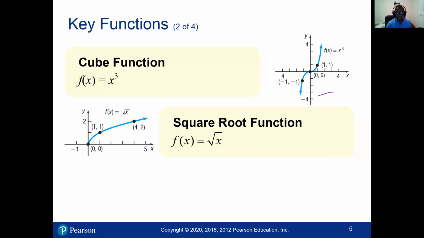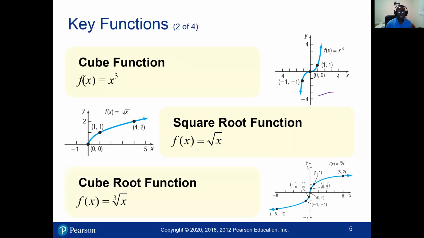We'll pick about three of them and talk about their properties. Then the next one, which we did talk about last week, is the cube root function, and this is the graph for that.